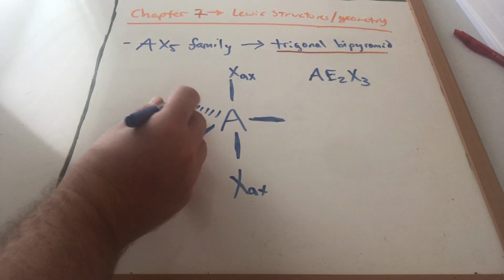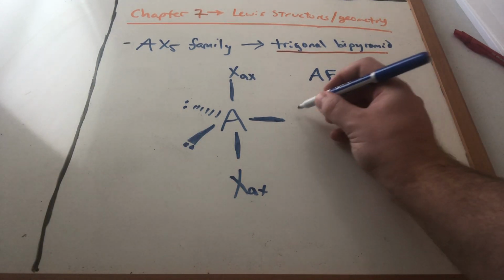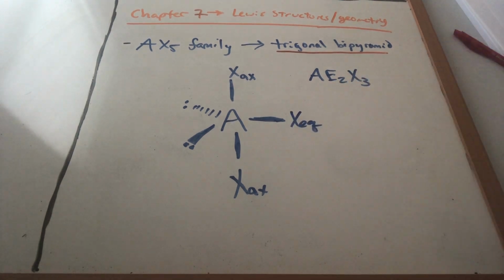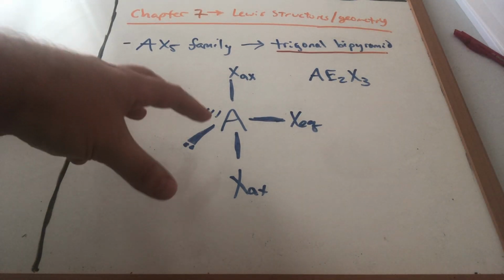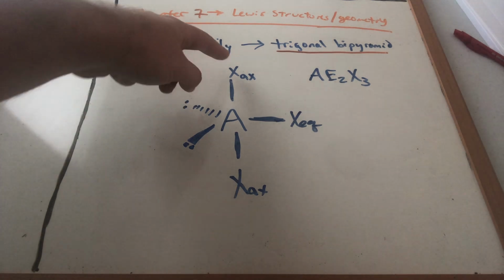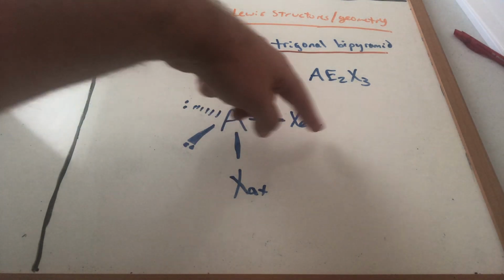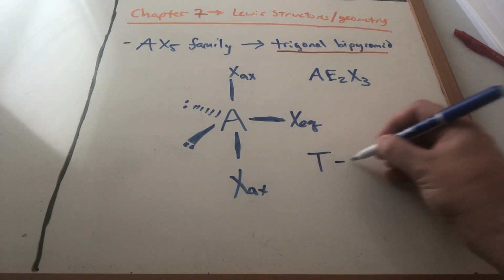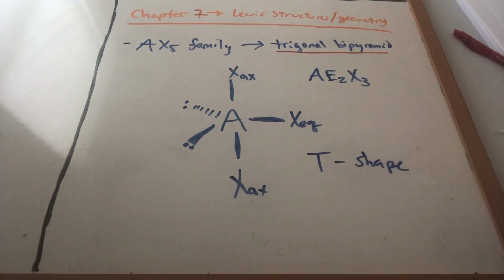So I'm going to put a lone pair here and a lone pair there. And I'm going to keep this as an AX EQ. Okay, so I drew the family correctly, all right? But now I see that the shape that's being made with the atoms is a T. So this is a T shape, right?